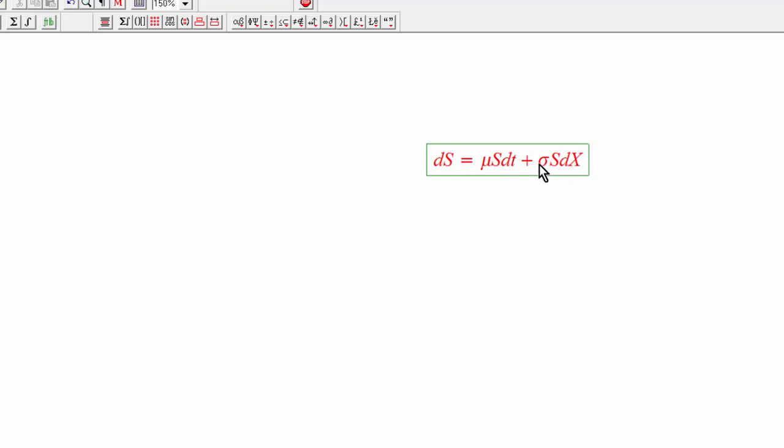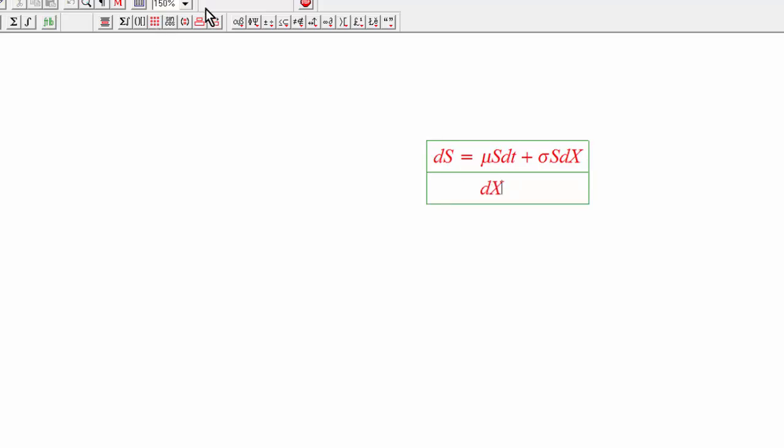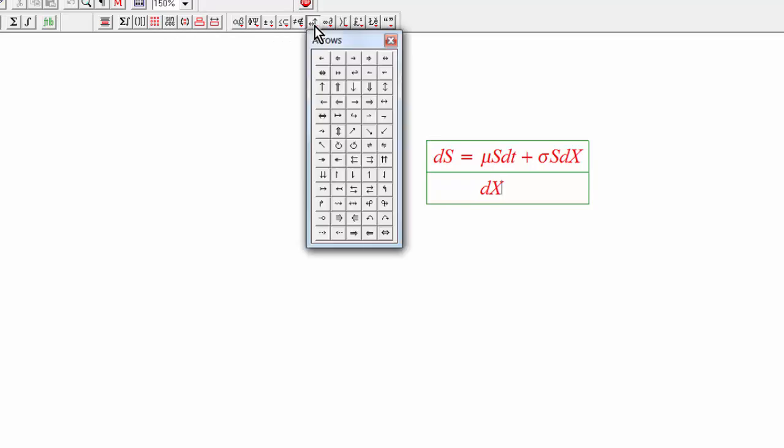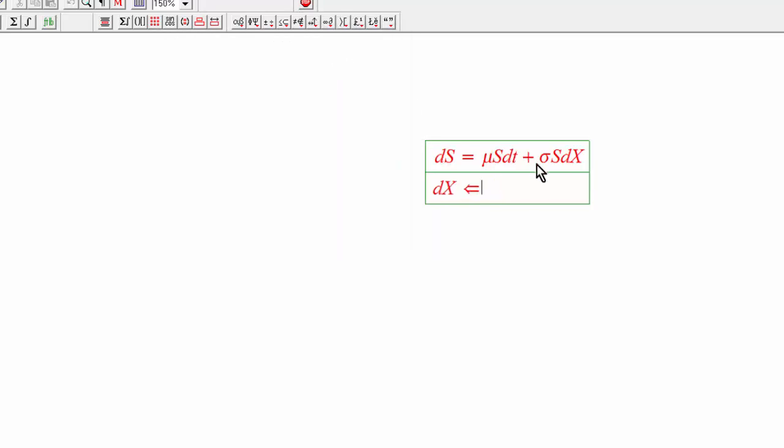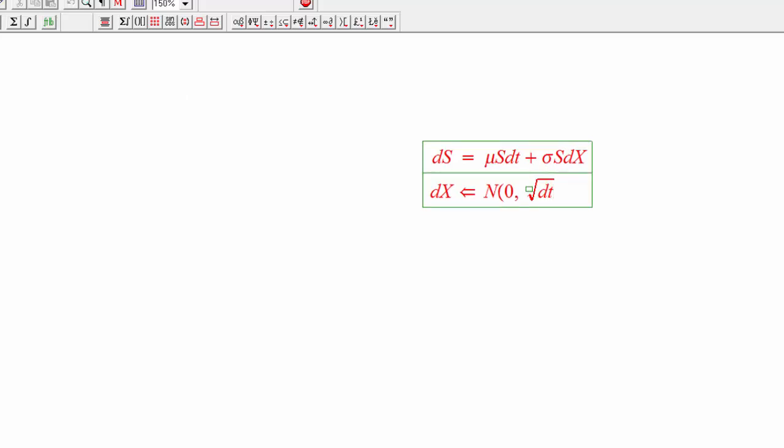And then here's the random portion, the volatility, sigma S dx. These dx's are the random variables. The way I've written it here, with no time step, these dx's are coming out of a normal distribution with mean 0 and standard deviation root dt.